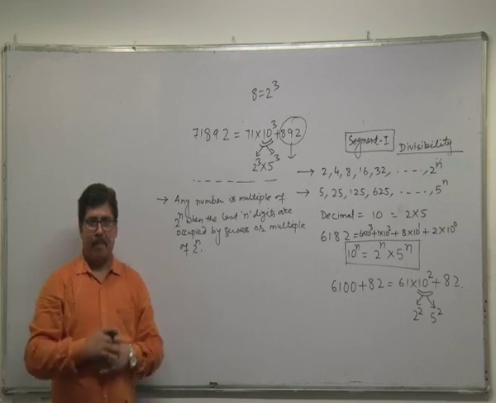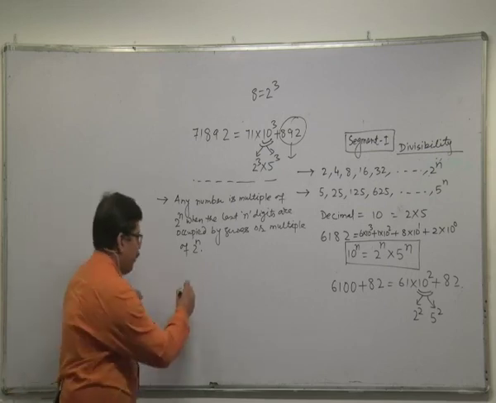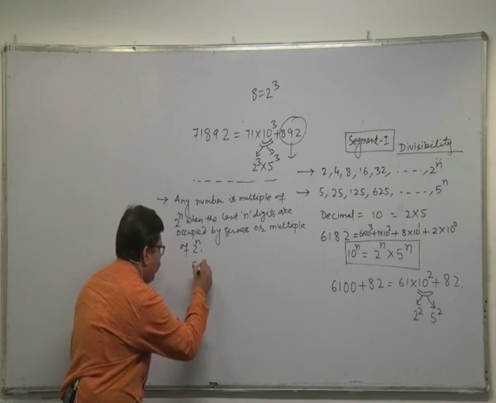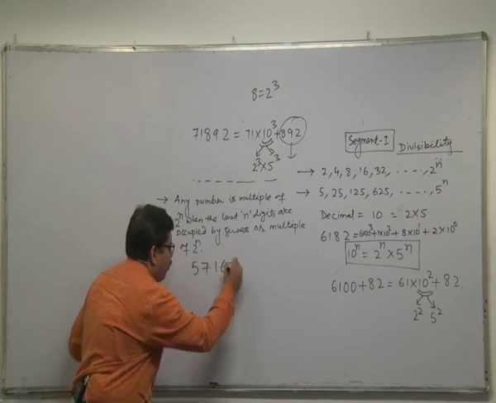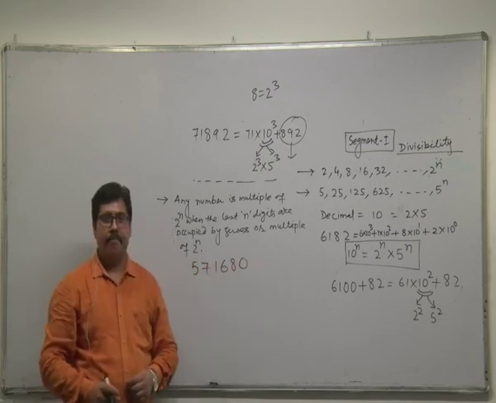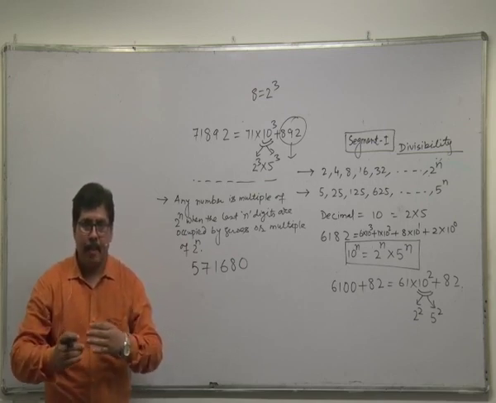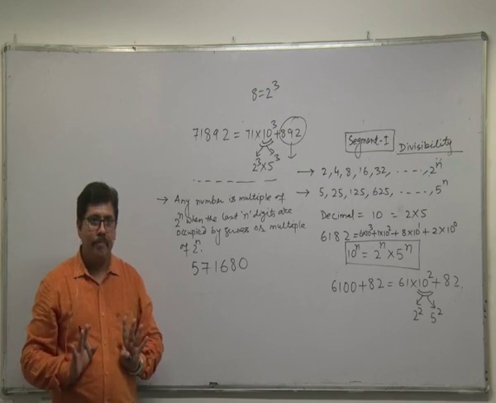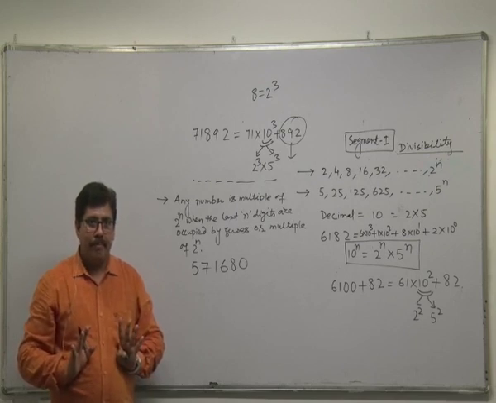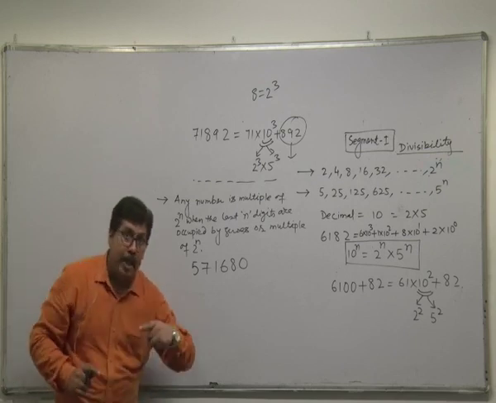Let us take one more example. Just check the divisibility of this number by 16. 16 is 2 raised to the power 4. So is 2 raised to the power 4 a factor of 10 raised to the power 3?